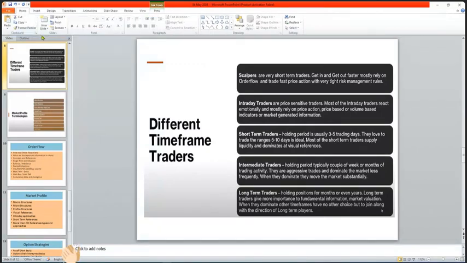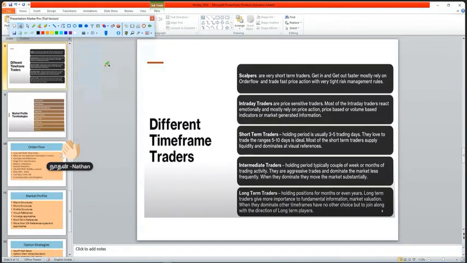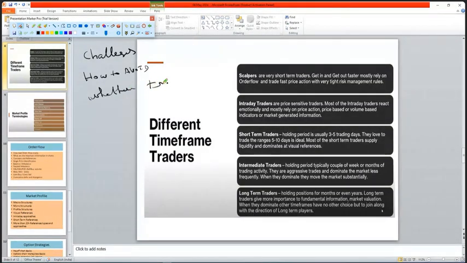So what are the things we noted here? What are the challenges we are facing as traders, and how to avoid them, and whether this particular transformation is needed or not.